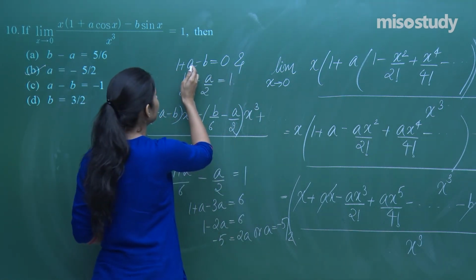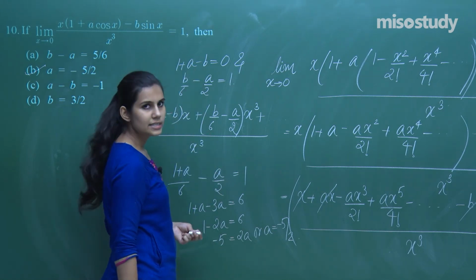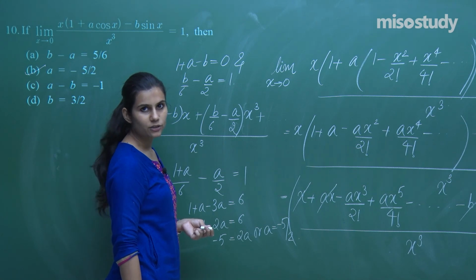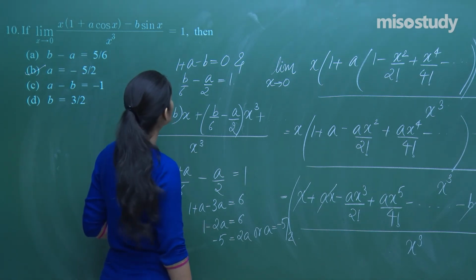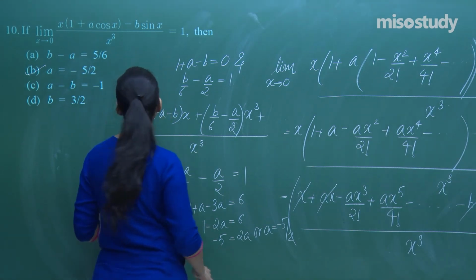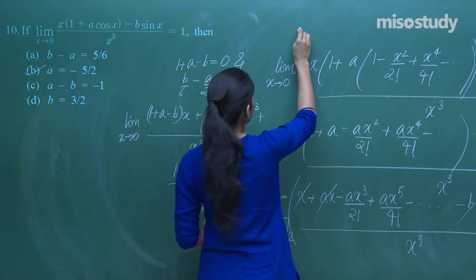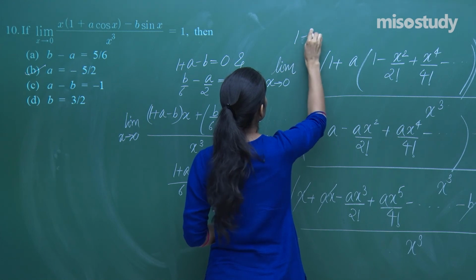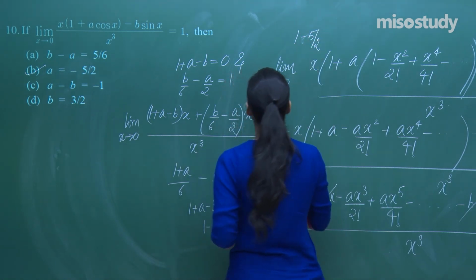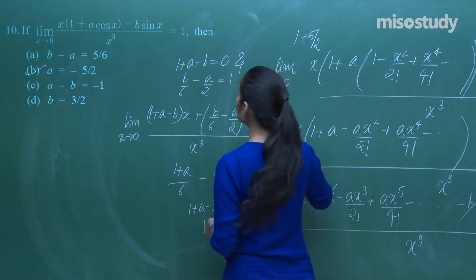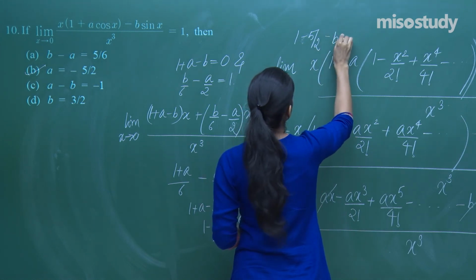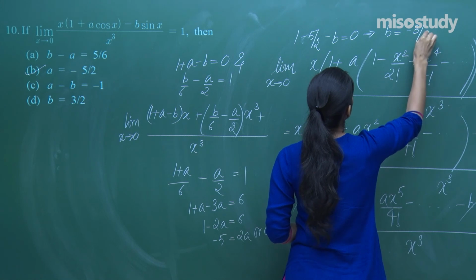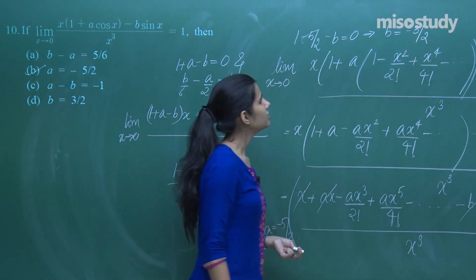If a is minus 5 by 2, what is b? If a is minus 5 by 2, 1 minus 5 by 2, that is 2 minus 5 by 2, that is minus 3 by 2, minus b equals 0. So b is actually what? So see, what I am saying is 1 plus a is minus 5 by 2, a is minus 5 by 2, minus b is 0, which implies b is this, isn't it?